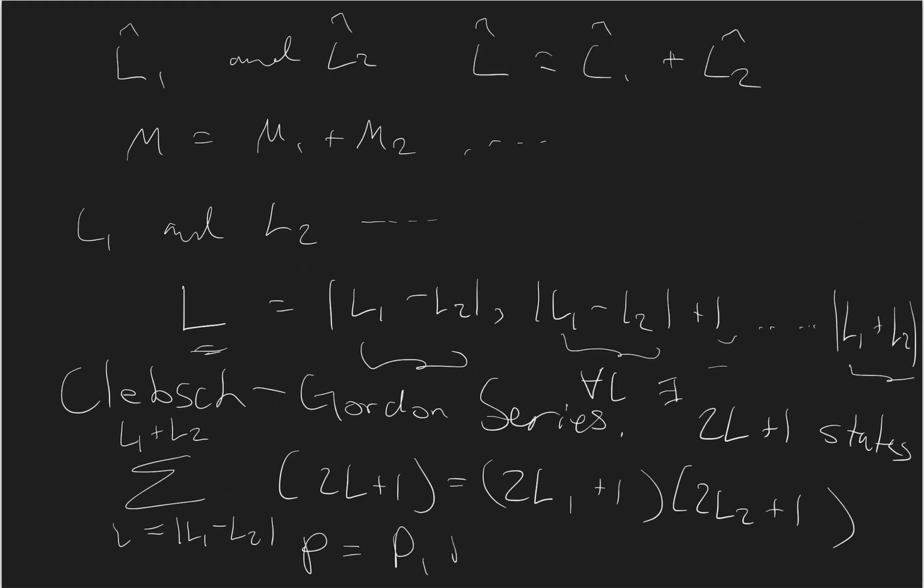You can then use that general formula that we use for these orbital angular momentum quantum numbers, and this gives us an expression for our even and odd parities, which is very nice.